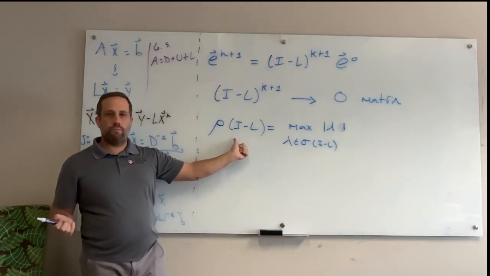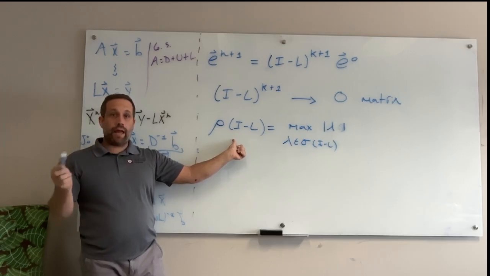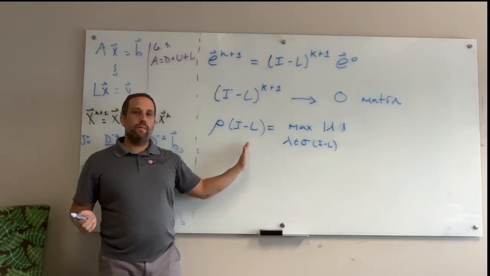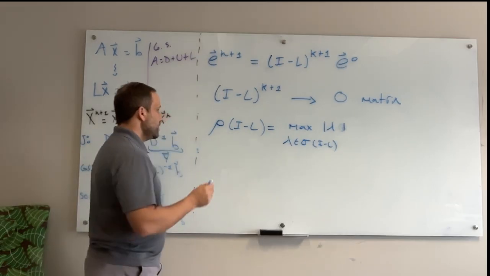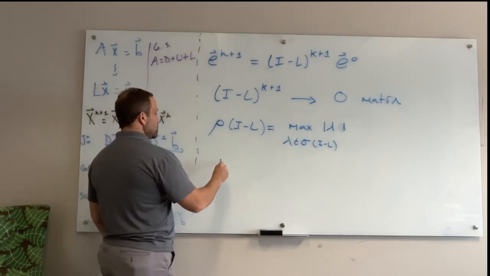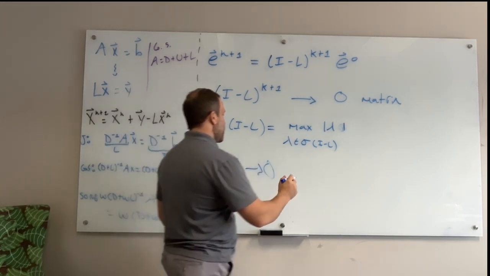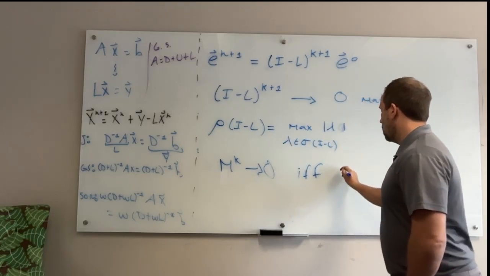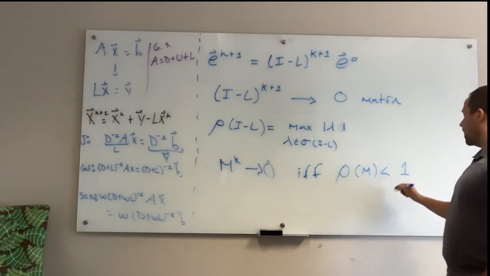And there's a finite number of these. There's always less than or equal to the size of the matrix. So if it's an n by n matrix, there are at most n of these, so the maximum is a well-defined number. That is the spectral radius. And what we learned in chapter 1 is that a sequence of matrices M^k converges to the zero matrix if and only if the spectral radius of the matrix is strictly less than 1.